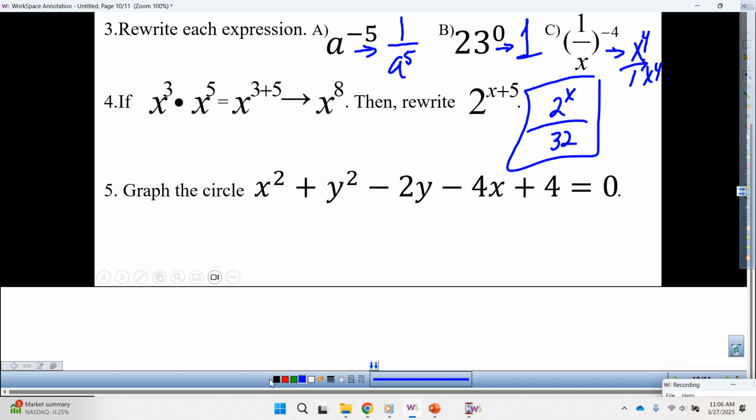And this one is, let's see, the center is at (2, 1) and the radius is 1. Hands up if you got that. That is correct. Let's go.